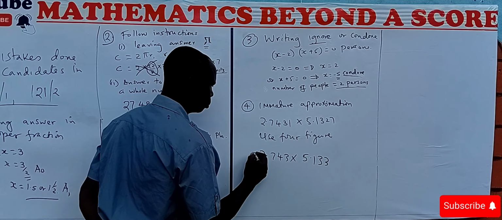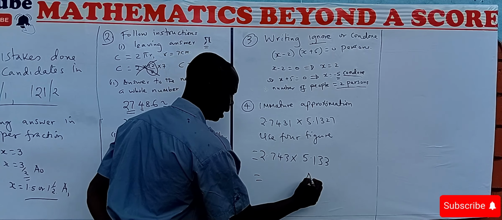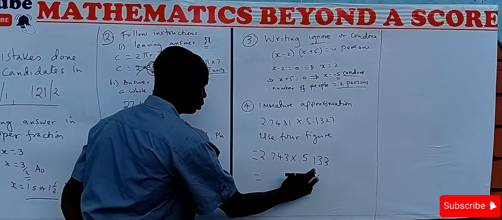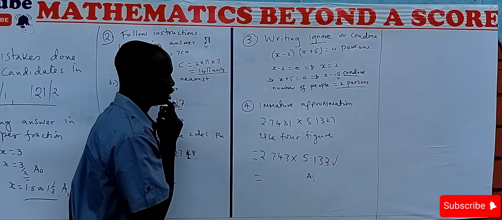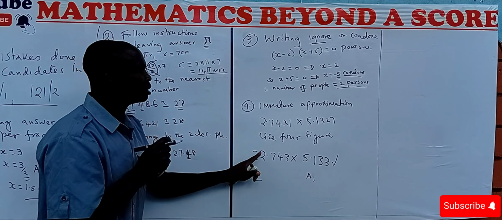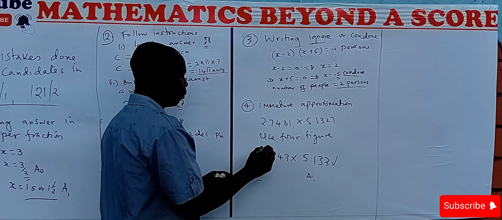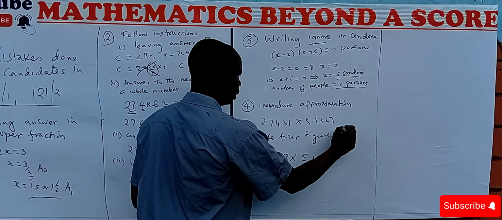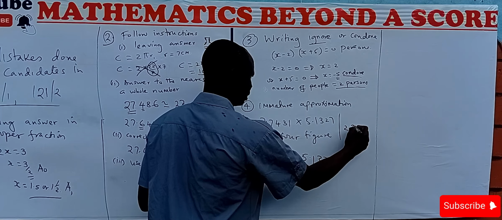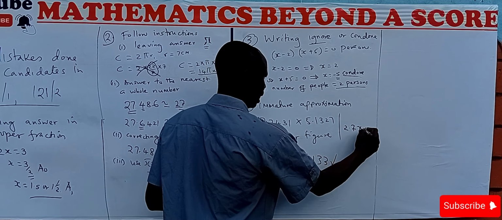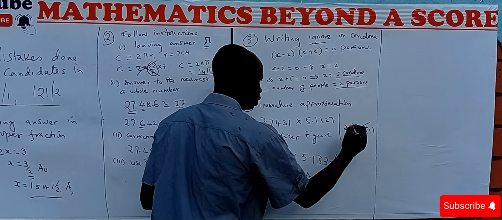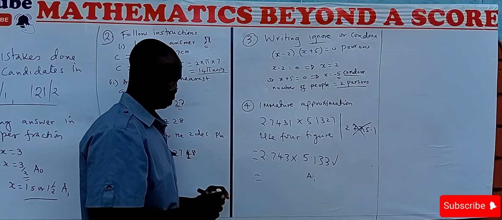Then the student will score A1 here. So this one is called immature approximation. This is correct, but not when you write that it is 2.7 multiplied by 5.1. This one is wrong. This one is correct.